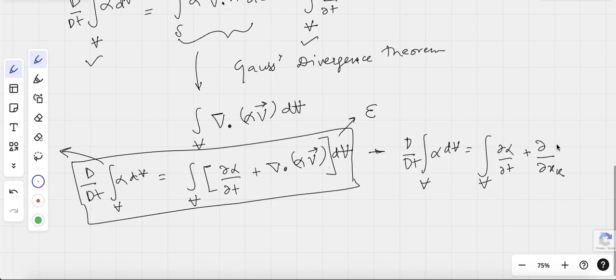Integral over V of d alpha by dt plus d by dxk of alpha uk. This way you can write the index notation.